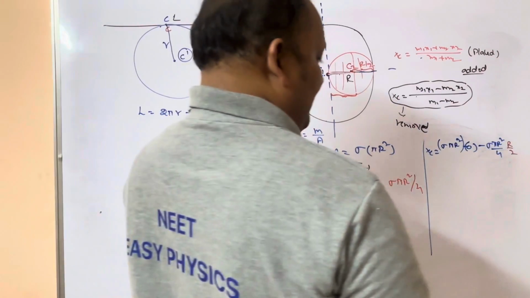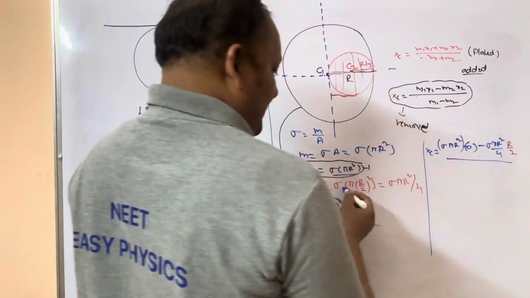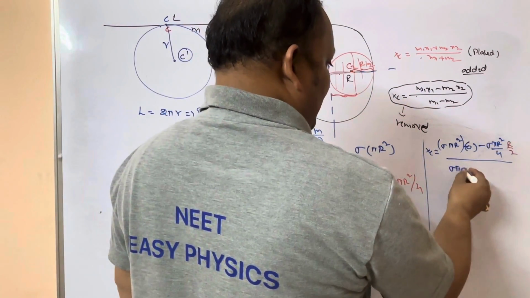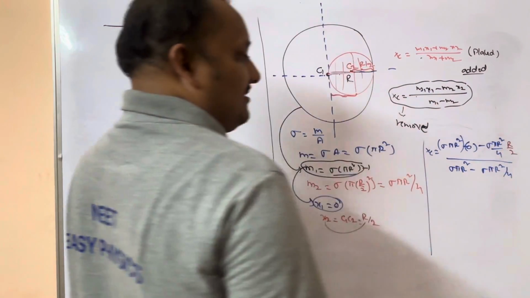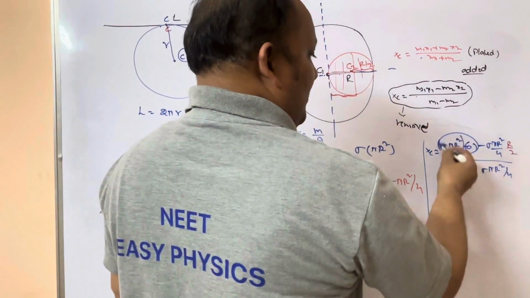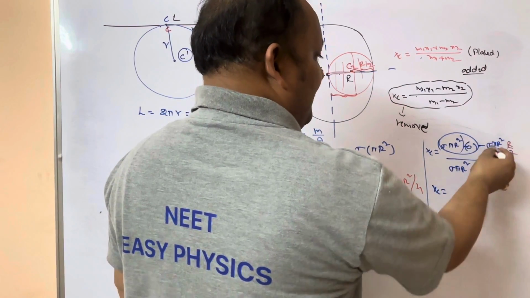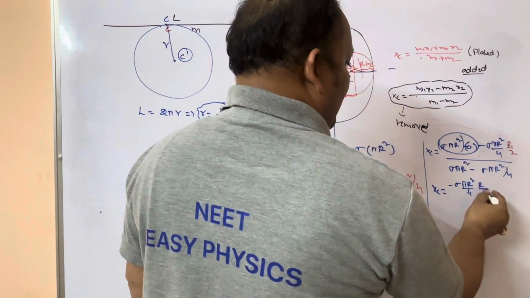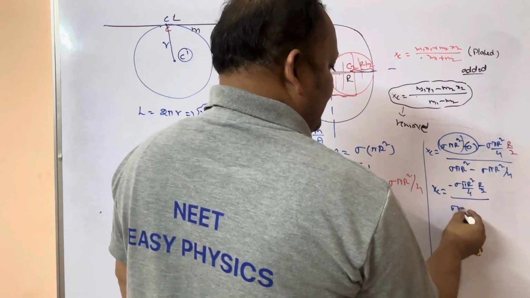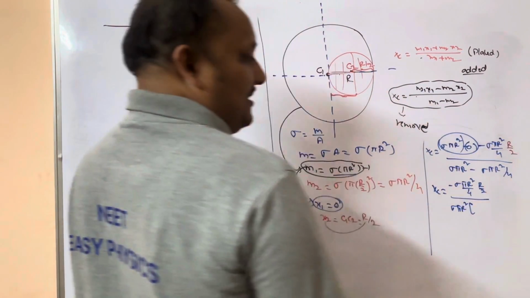Next, we have to write m1 minus m2 divided by, m1 is sigma pi r square, m2 is sigma pi r square by 4. So this is 0. Therefore, x equal to minus sigma pi r square by 4 into r by 2 by sigma pi r square, which is common.